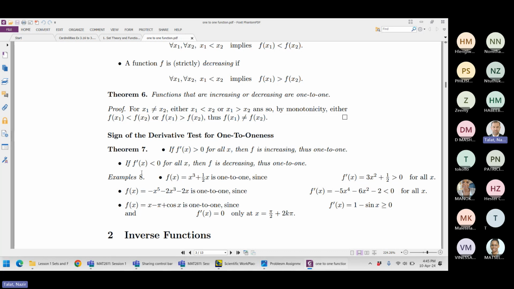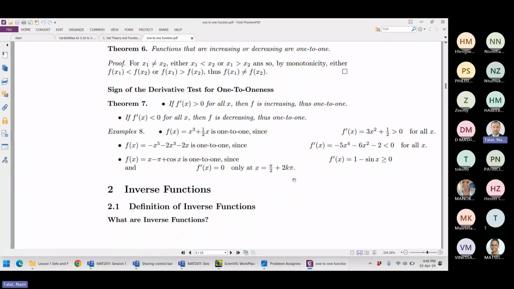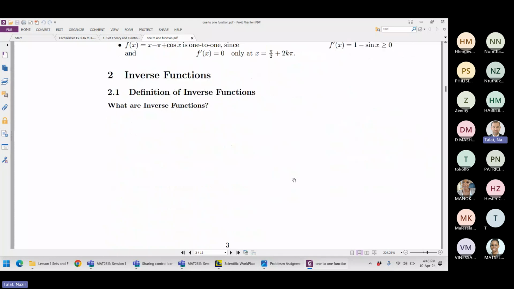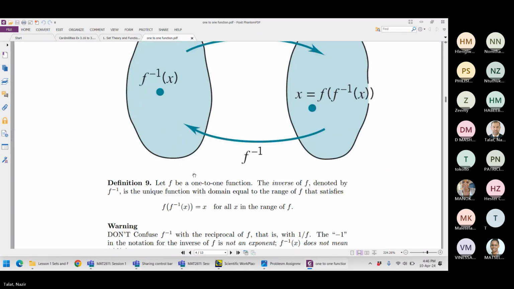So if f dash of x is less than or equal to 0 for all x, then such a function is decreasing, and we conclude that the function is 1-1. And the inverse function, as we already described, is that if a function is from a to b, then f inverse is a function from b to a.